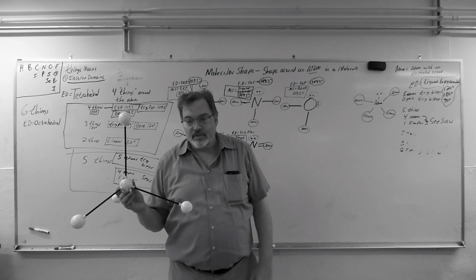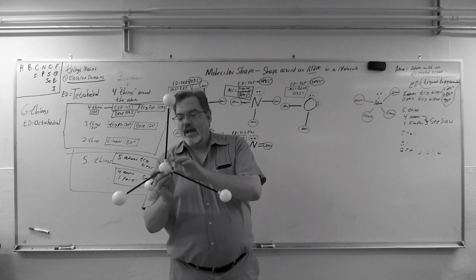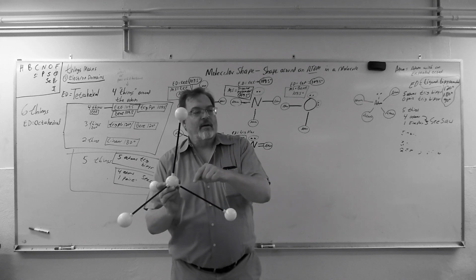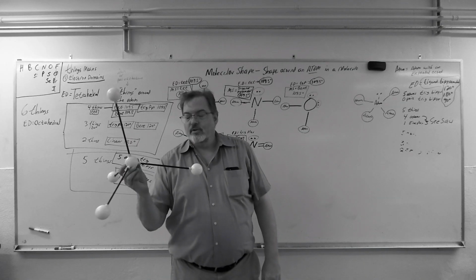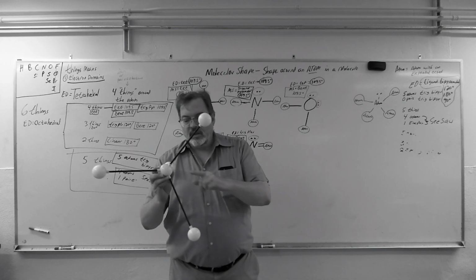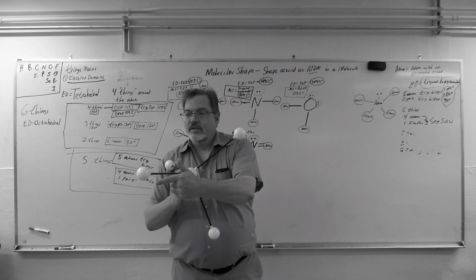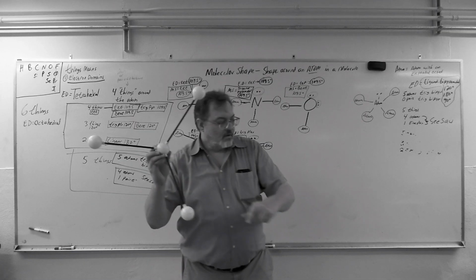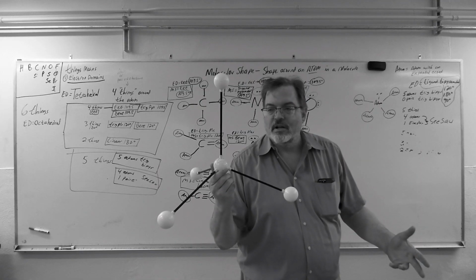It just so happens that you can make a tetrahedron out of a shape that has 4 spokes coming out from the center. So it's called tetrahedral because it's related to the tetrahedron. It really isn't related to the idea that there are 4 things. That's just a coincidence. But do use the fact that there are 4 things there to help you remember tetrahedral.